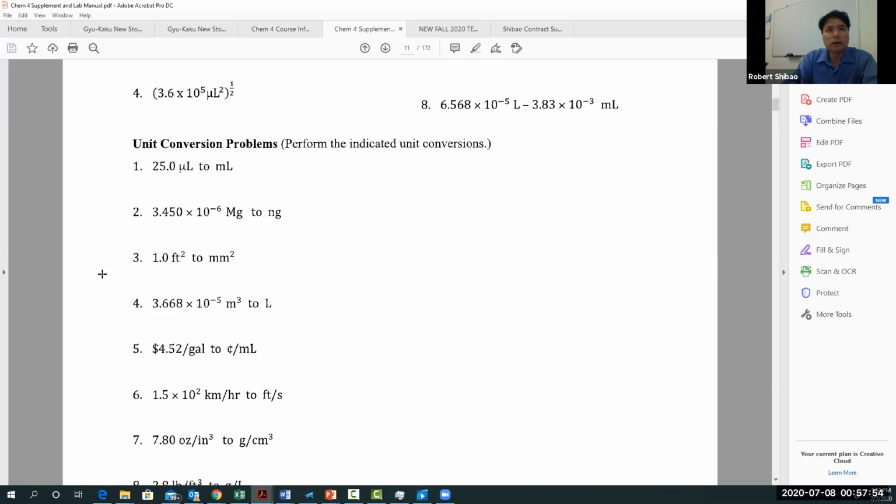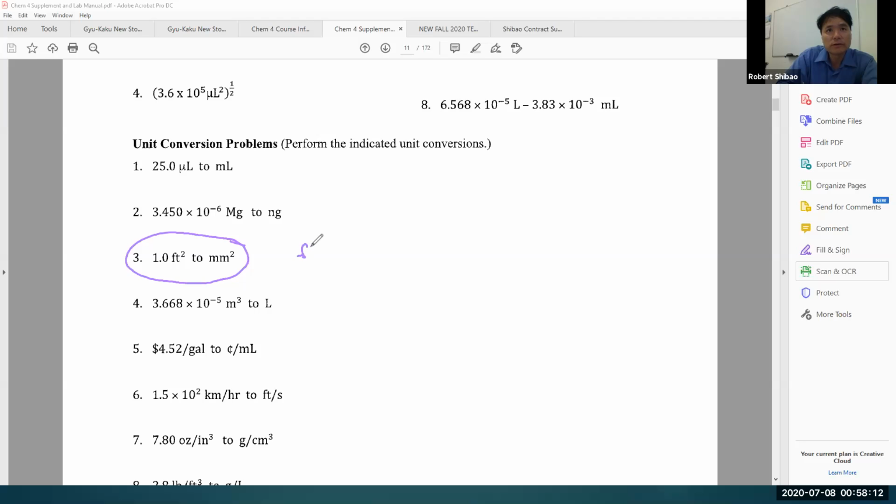So here's one where you have to do this. The funny stuff that we just did. This one. So we're going to go from foot squared. We can go foot squared to, let's say, inches. But this one, we're going to have to square everything.